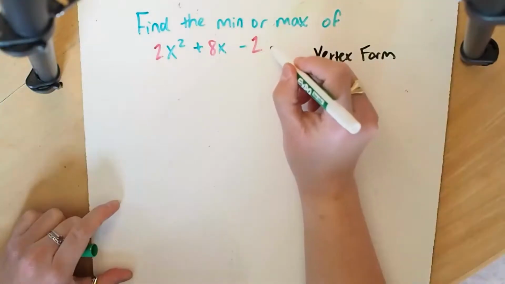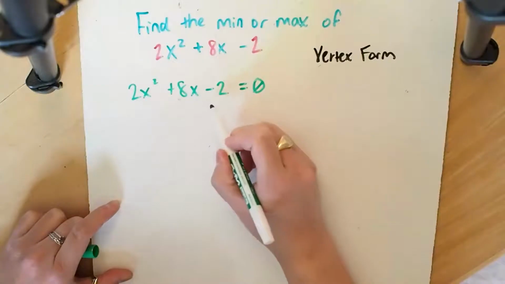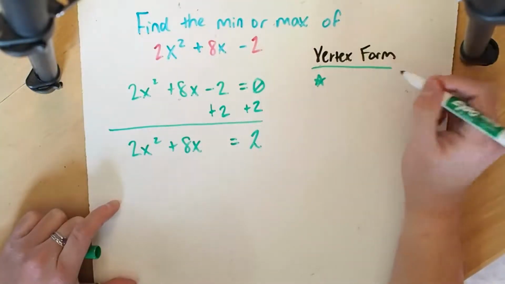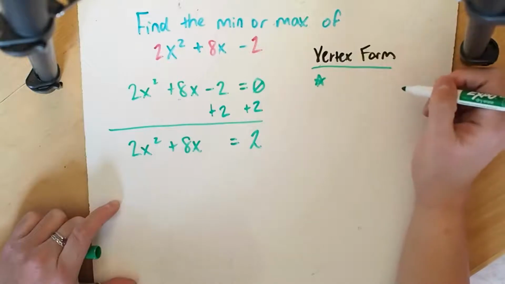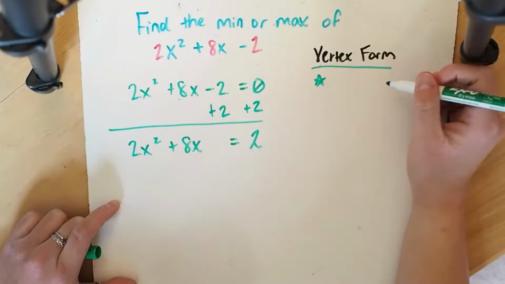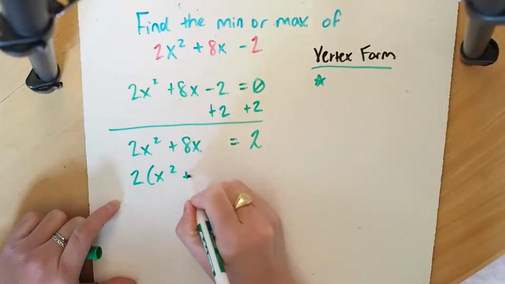So the first thing we do, remember, is set it to 0, and then we move c over to the right. Please remember that in the last example we were solving the equation. In this example, we're finding the vertex form of the equation. So when we factor out 2, we leave it; we do not divide both sides by 2.